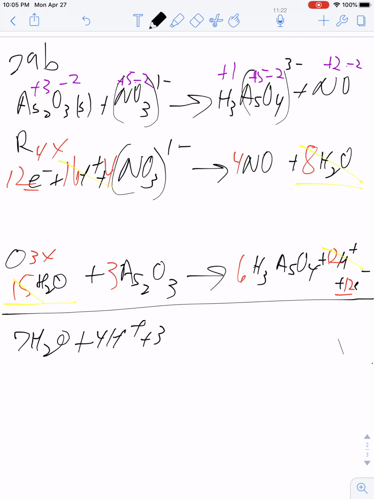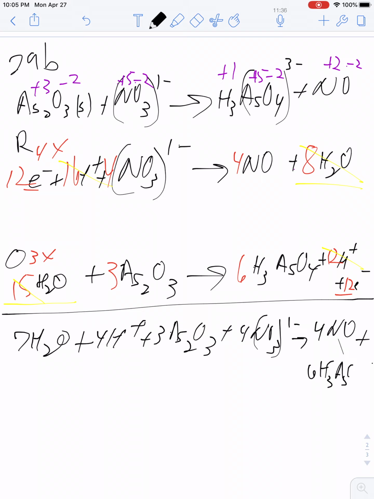Then plus my 3 of these, my 4 nitrates, my 4 NOs, and then my 6 of those. And it should be balanced.